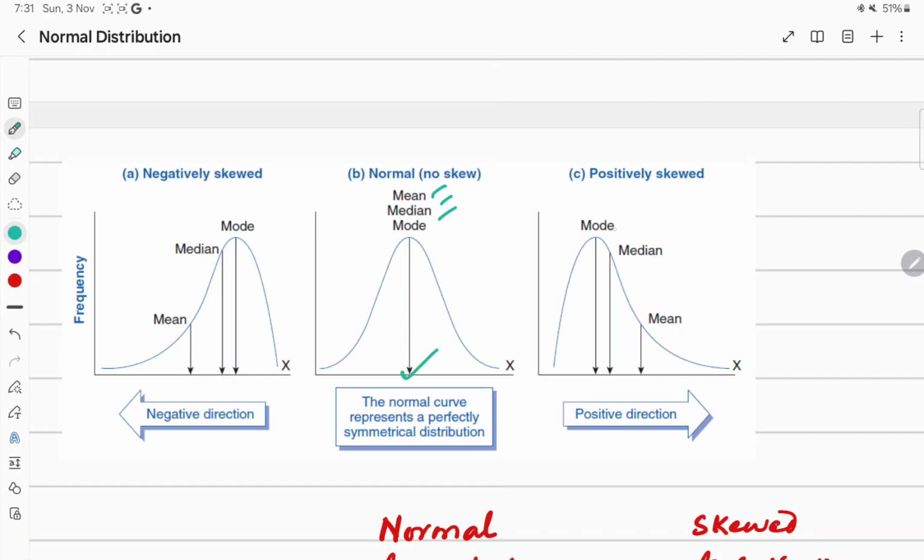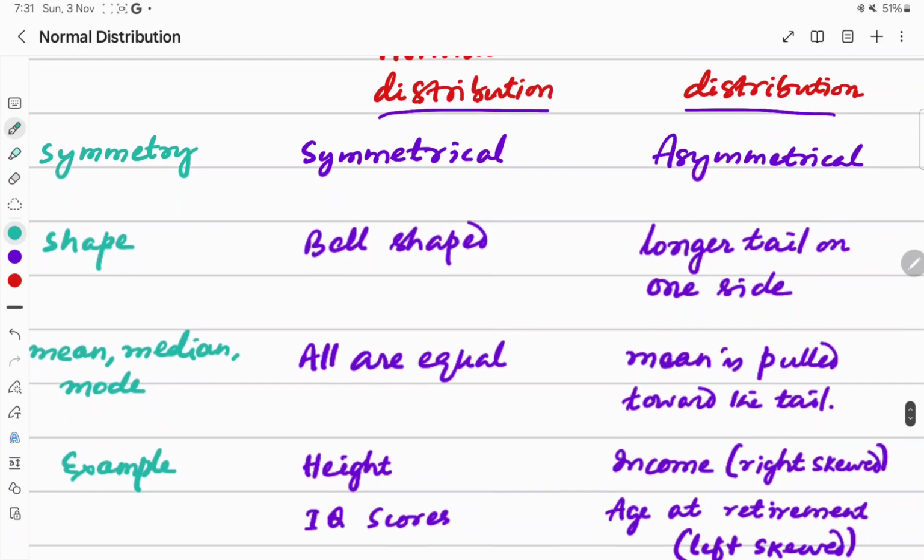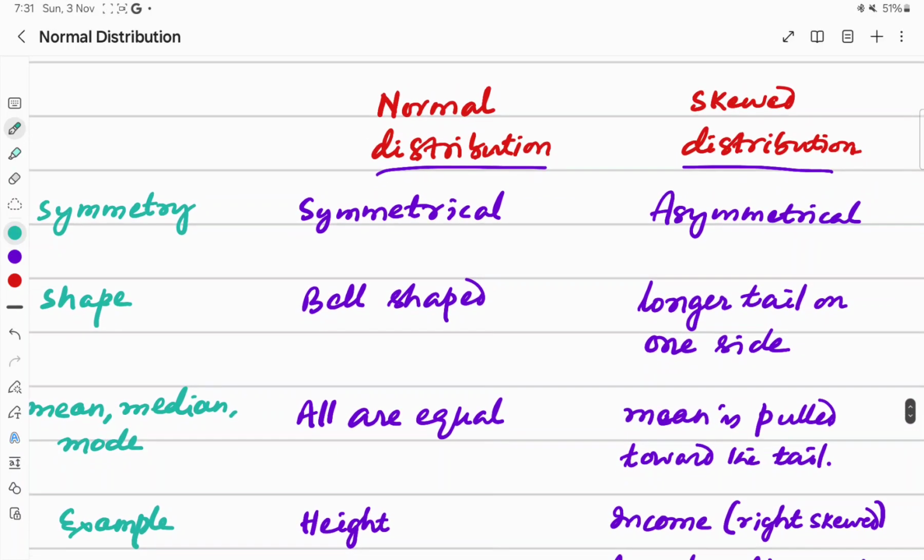If it is skewed, then median, mean, mode all are different. So if you see the difference between normal distribution and skewed distribution, for symmetry, in skewed distribution it is asymmetrical, whereas in normal it is symmetrical. Mirror image, the left side is the mirror image of the right side.